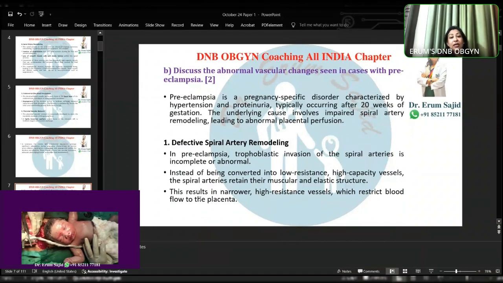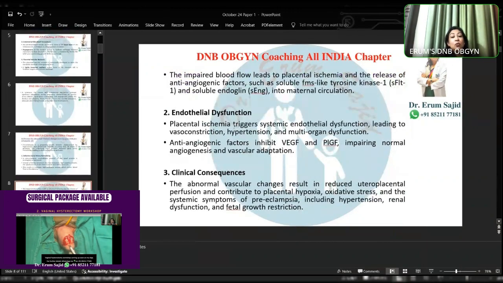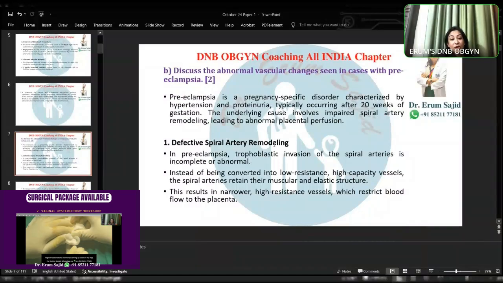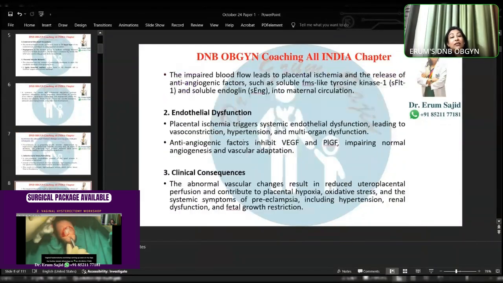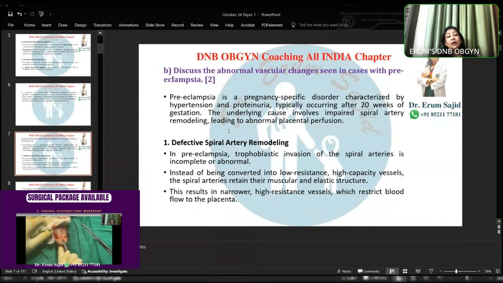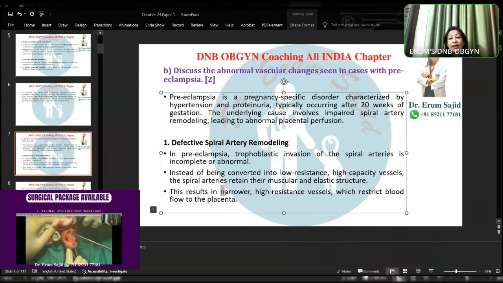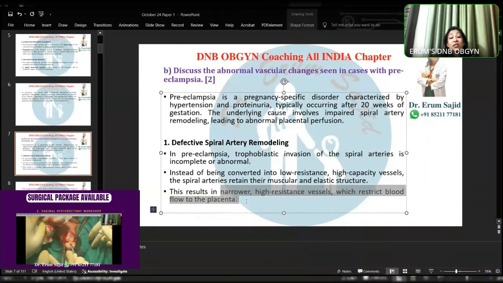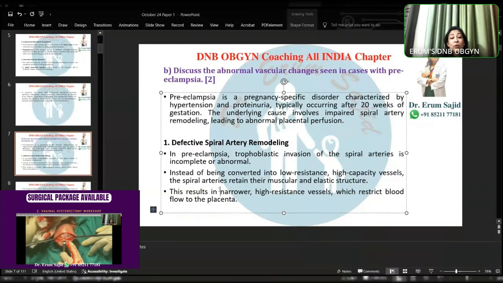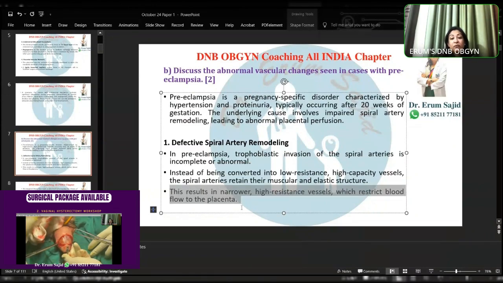And now I'll tell you. See, this is what I've written down over here. The most important is defective spiral artery remodeling and endothelial dysfunction. Because of these 2, all the changes happen in preeclampsia. There are narrower high resistance vessels which restrict the blood flow to the placenta, as a result of which you have FGR, oligohydramnios, and placental dysfunction, correct?